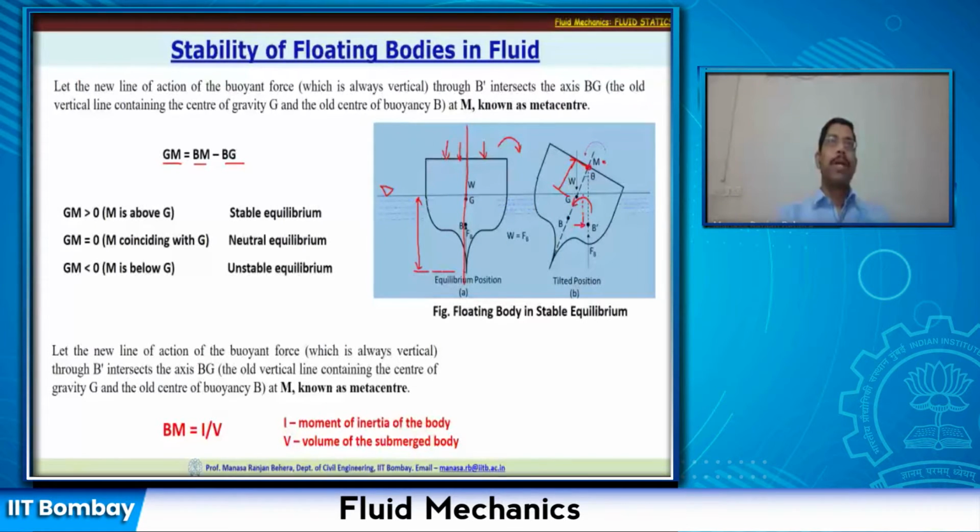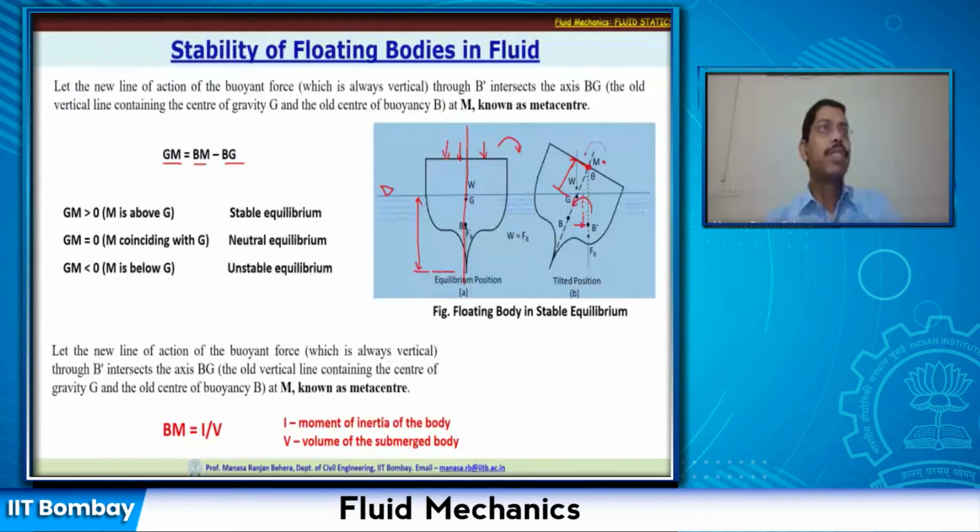We will see later. But now, if we calculate GM and then compare whether GM is positive, negative, or equal to 0, we will be able to tell what the equilibrium condition is.